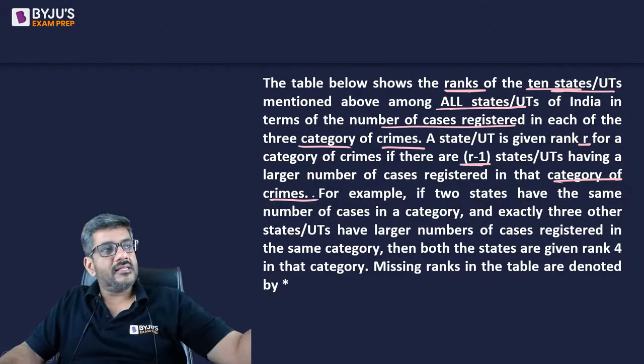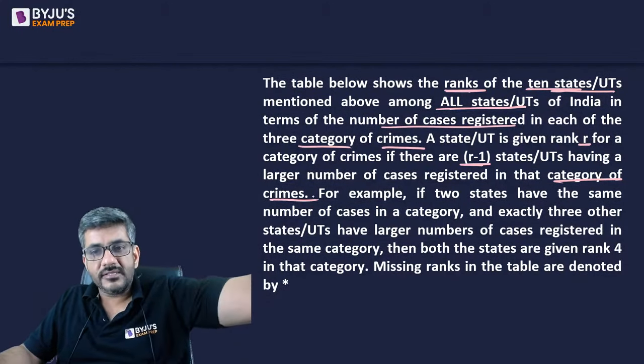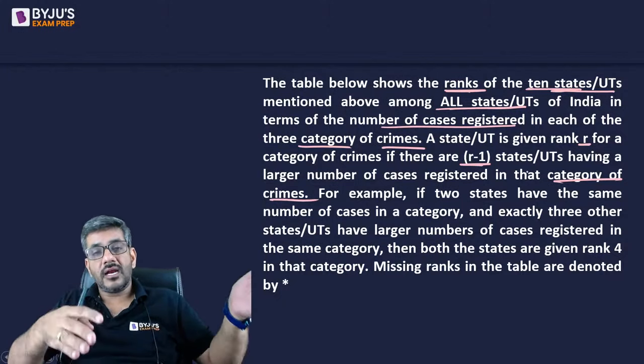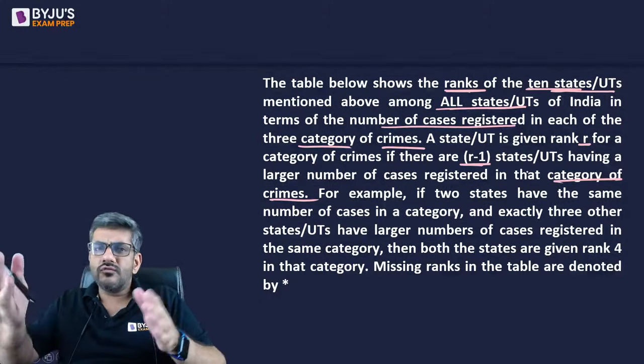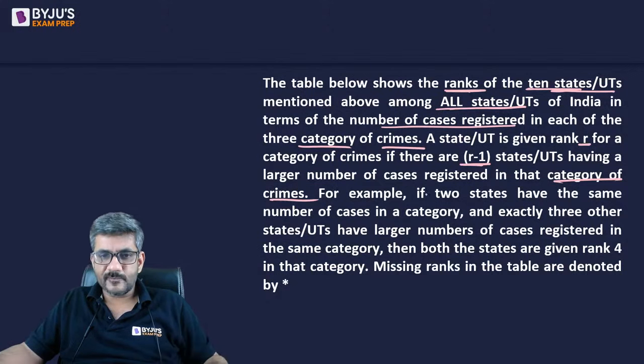Right? I think this is easily understood, that if a state or UT is having the same number of crimes as another, they both would be given the same rank, and the next one would be given the next rank available after that.